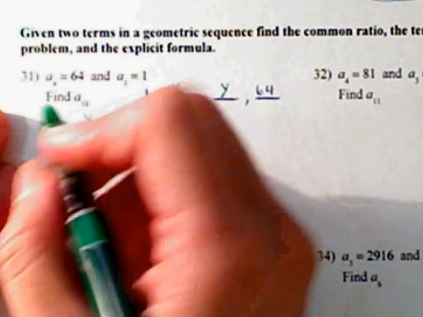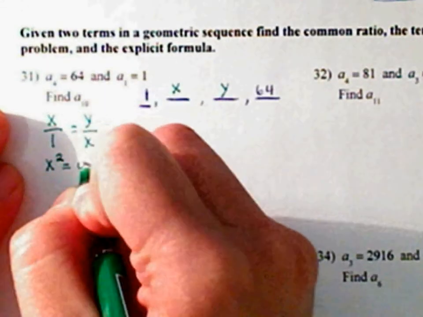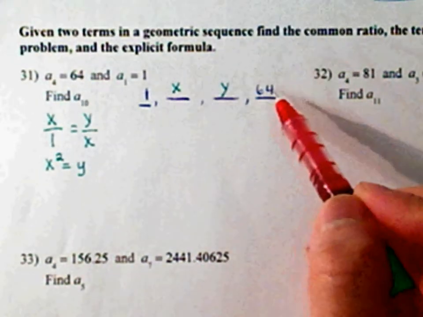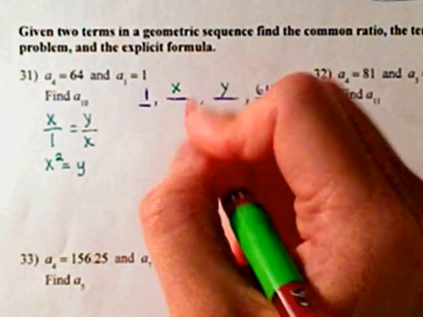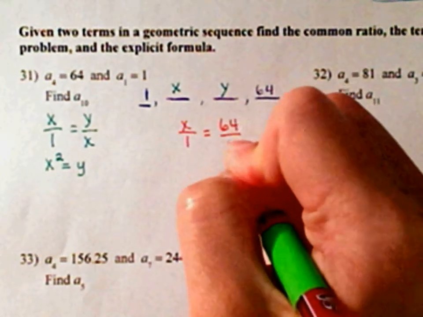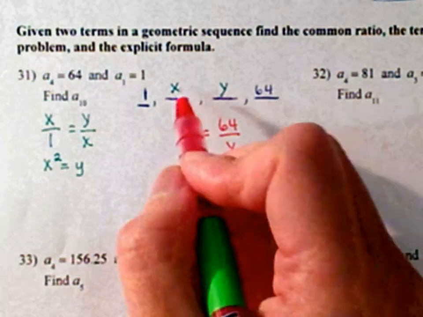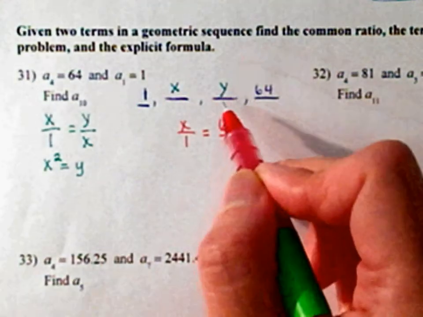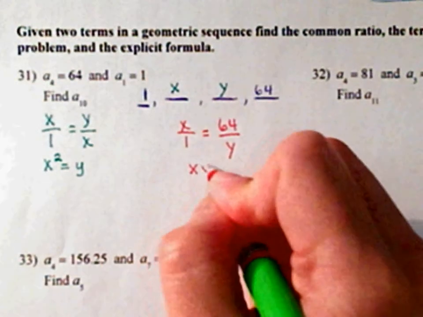Cross multiply, so you got x squared is equal to y. Okay? We'll do the same thing using 64. If you know x over 1, is that the same thing as 64 over y also? Second term divided by the previous. Now cross multiply. x times y is equal to 64.